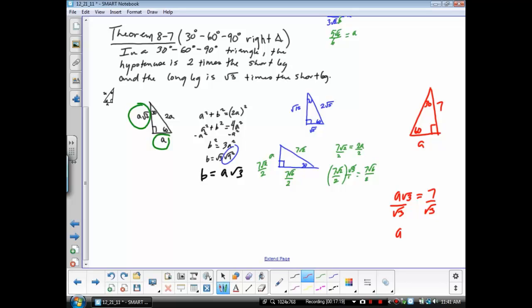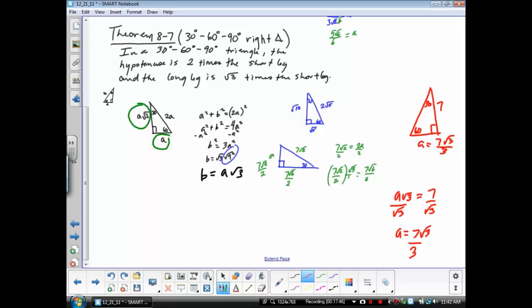Which means I'm going to have a equals, and I have to rationalize the denominator, 7 root 3 over 3. And that's what a is. I'm already starting to take some shortcuts, like I didn't say how we do that, I just did it. So if I confuse you, stop me, and I'll go through it. Okay, so a is 7 root 3 over 3.